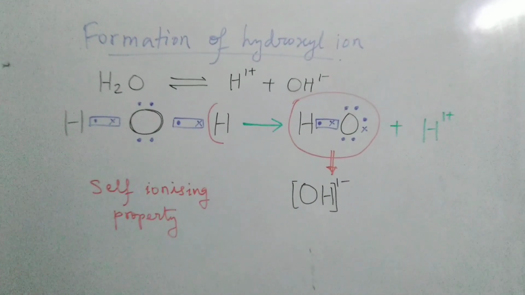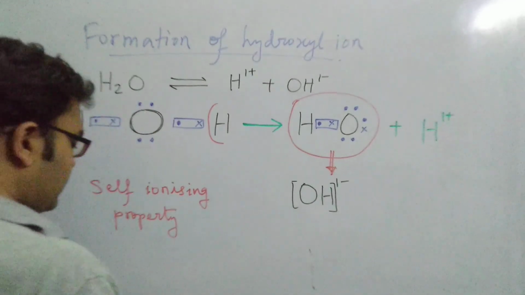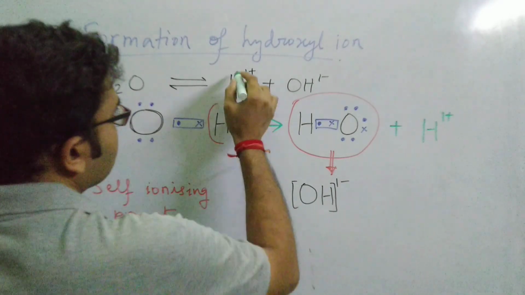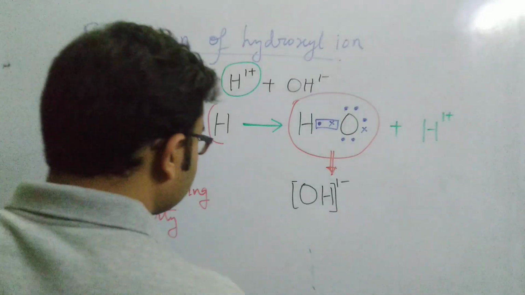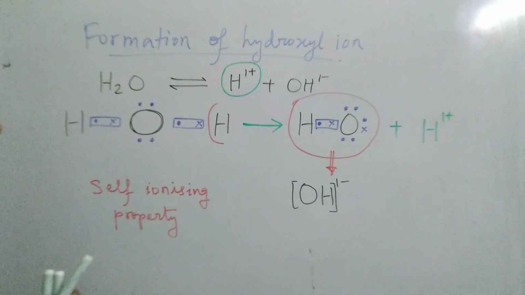The H plus ion that is formed goes on to attach itself to those water molecules. And as we have seen in the previous class, when the H plus ion gets attached to the water molecule through a coordinate bond, it results in the formation of a hydronium ion.